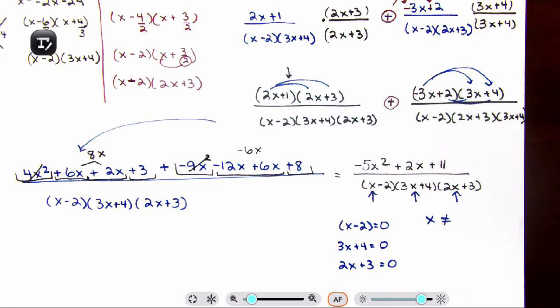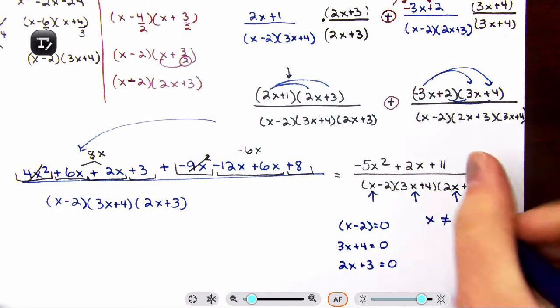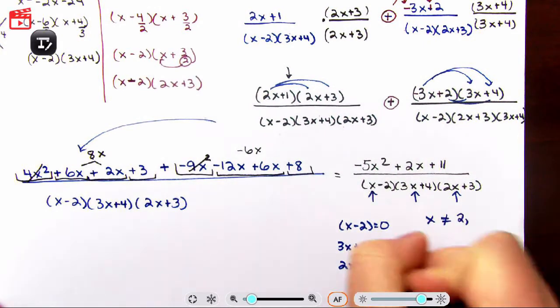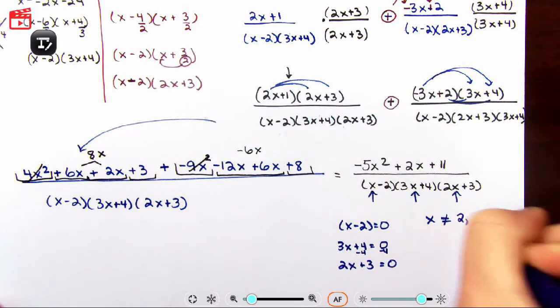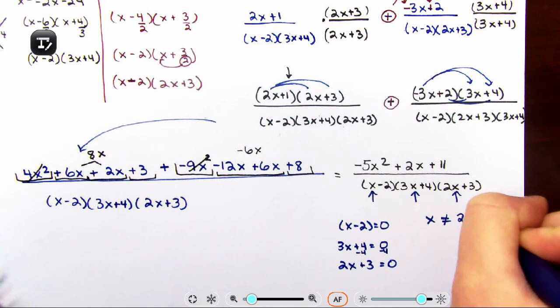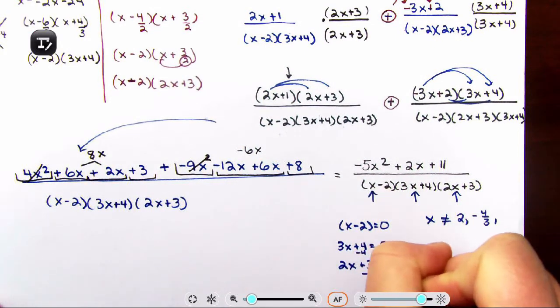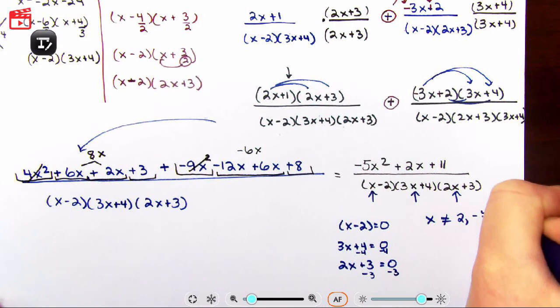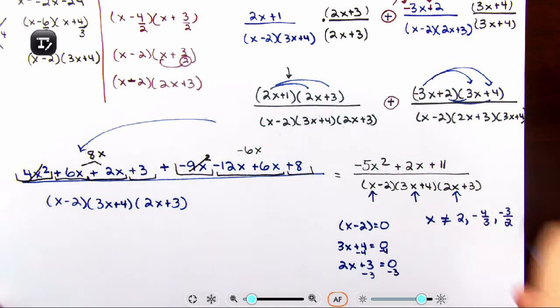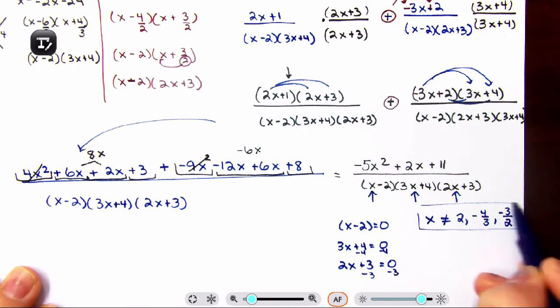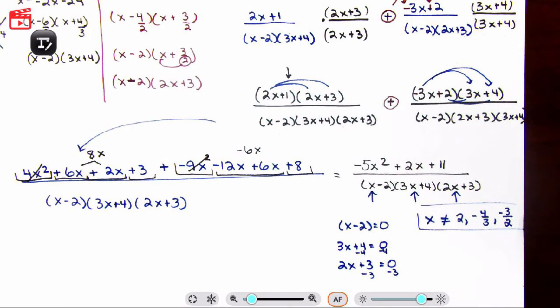You're saying, hey, this will make the denominator 0 if x is this value. So x cannot be 2. x cannot be negative 4/3. And x cannot be negative 3/2. If x is any of those 3 values, it will make the denominator 0. And we can't have denominator 0.